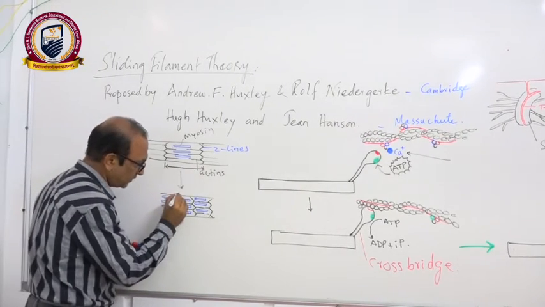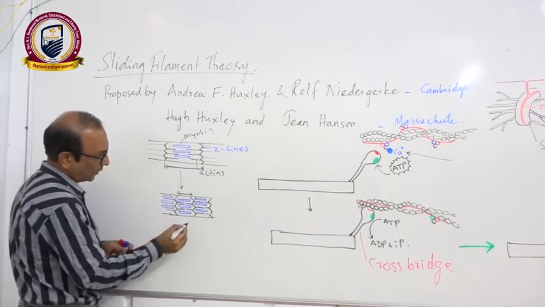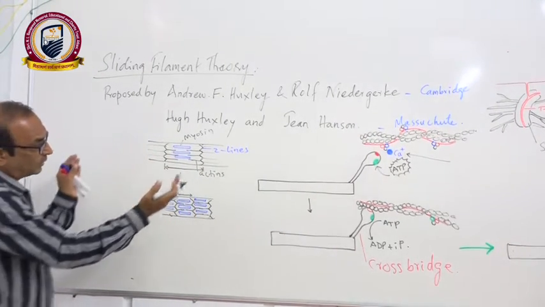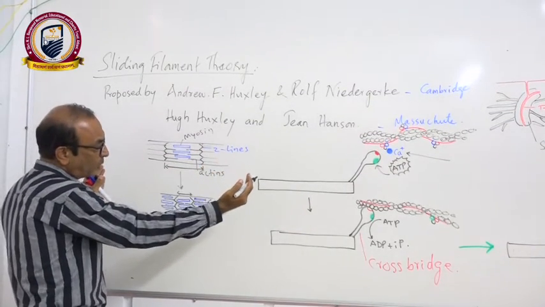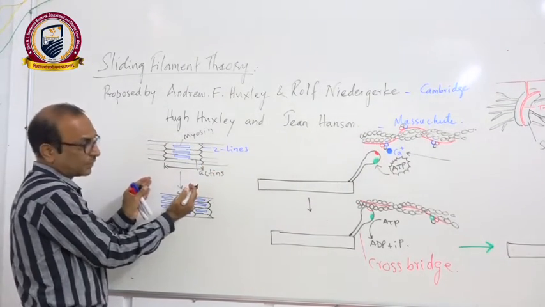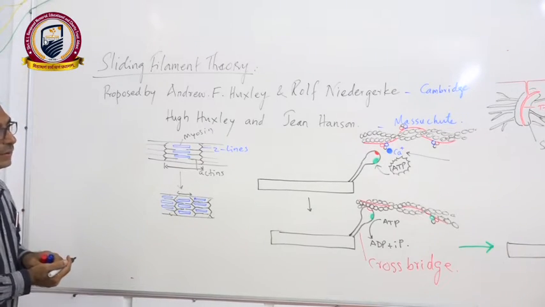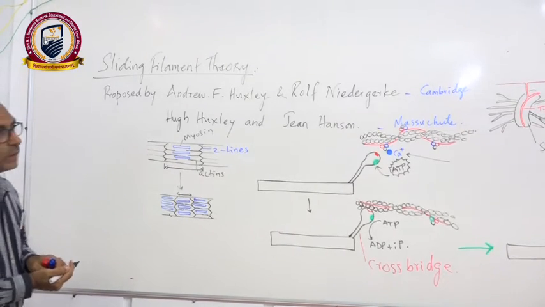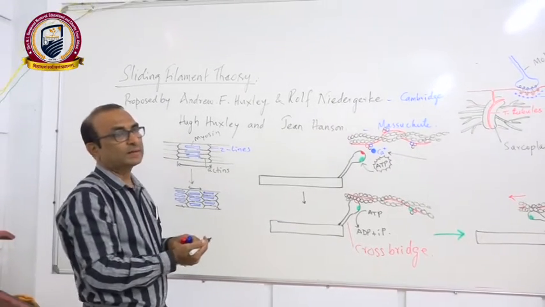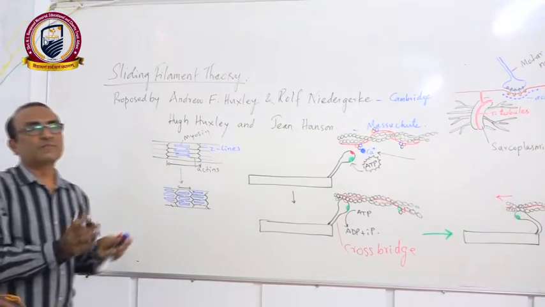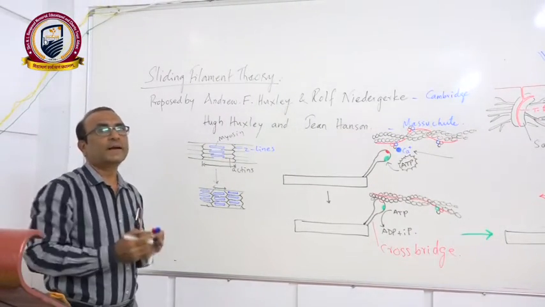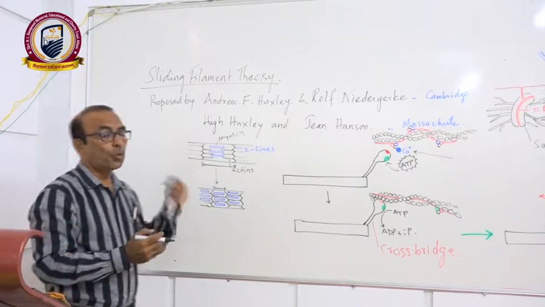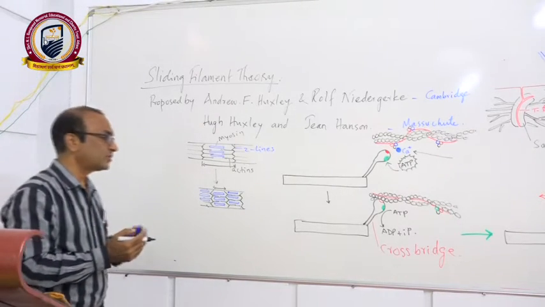After contraction, we see that it has reduced. So in this way, the whole myofibril is contracting, and all the myofibrils are contracting, so that the complete myofiber contracts. One muscle fiber doesn't contract independently. All the muscle fibers in a particular muscle get contracted at a time, bringing about the movement. So that is how muscle contraction is taking place.